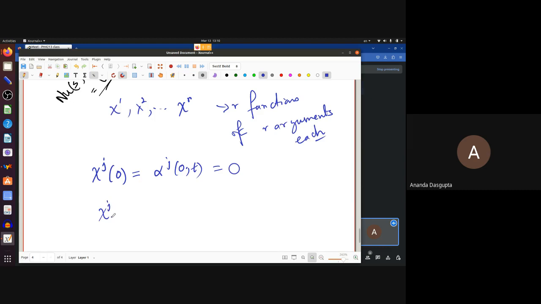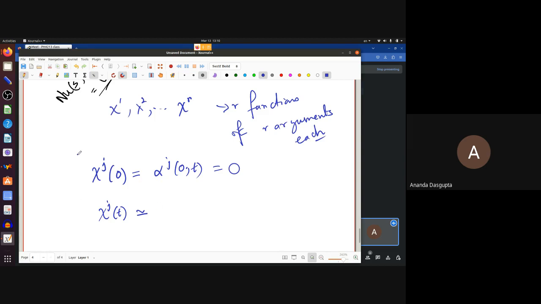What about chi j of t for small t? Well, again, that's easy. What should it be? You just treat this as alpha j of sigma t for small value of sigma and large value of t, and then just use this.